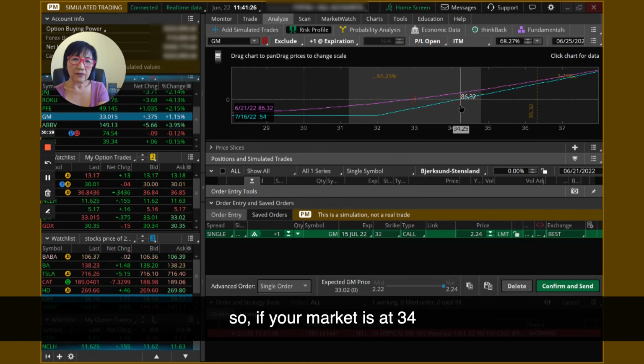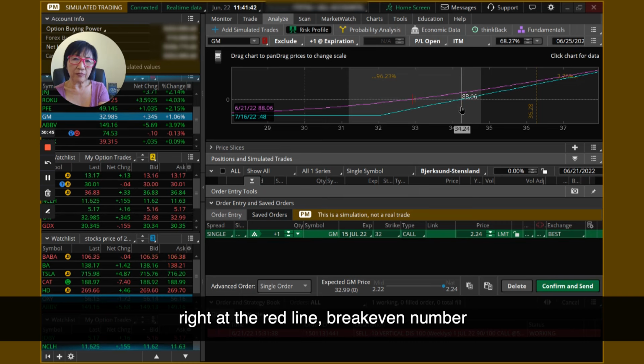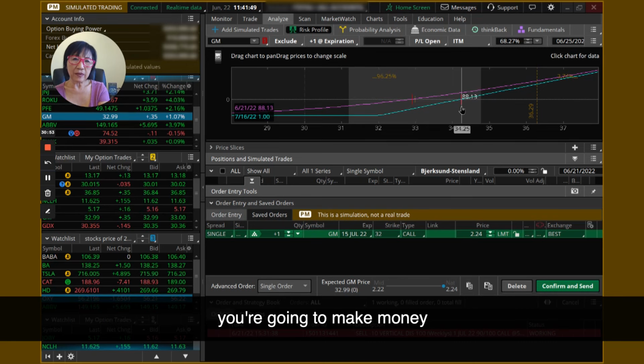So if your market is at 34.26, or right there, say 34.24 or above, you'll make money. Right at the red line, the break-even number, it shows 48 cents. So as the market moves up, you're going to make money.